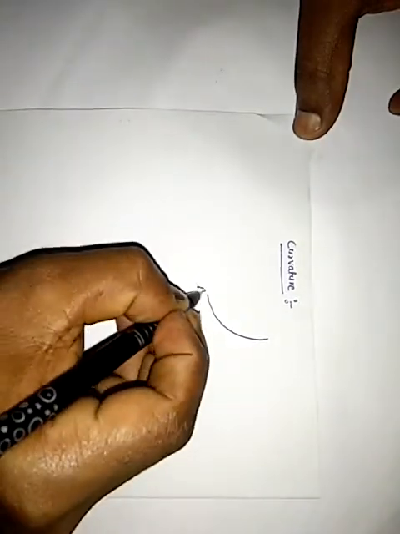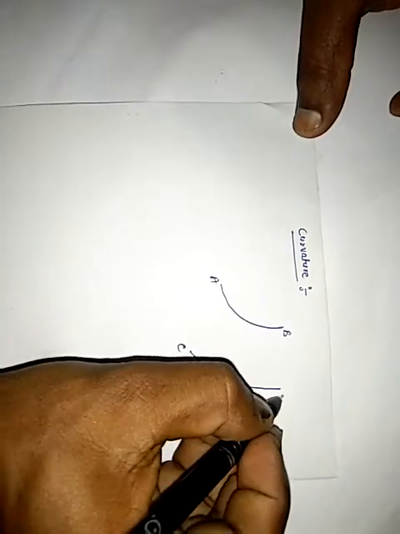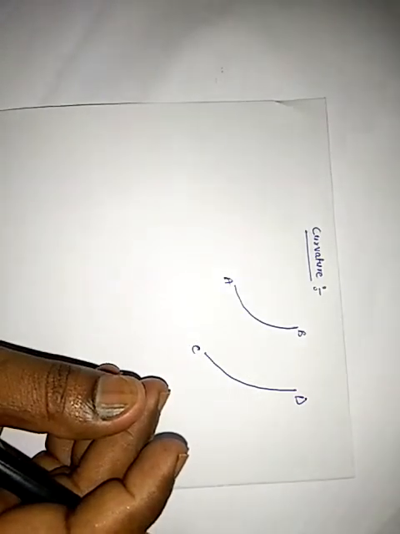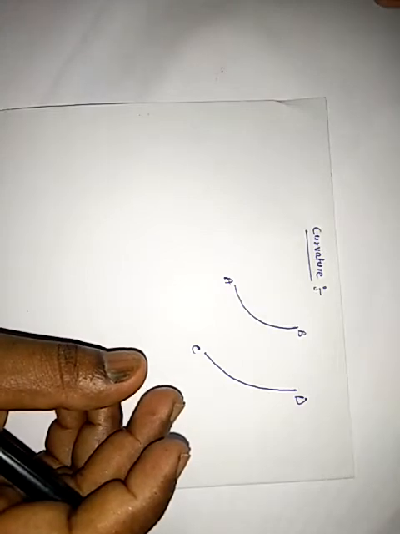We understood it first. What do we mean by a curvature? Let us consider there are two curves. First curve, say AB, and second curve, let us say CD. In general, what difference are we seeing in the curves AB and CD?